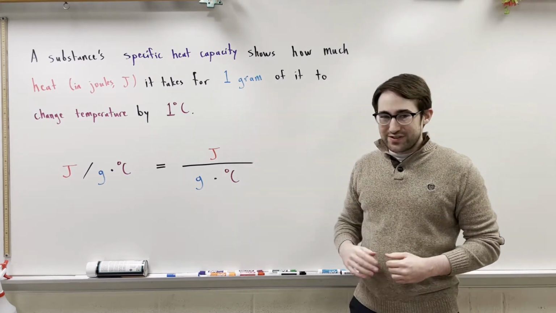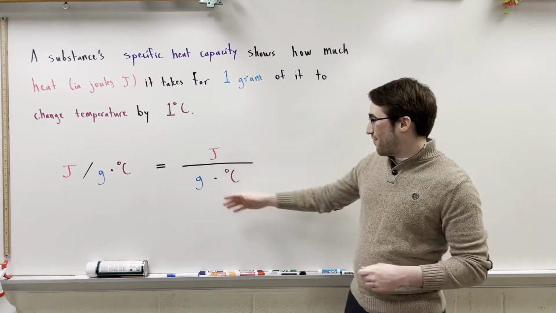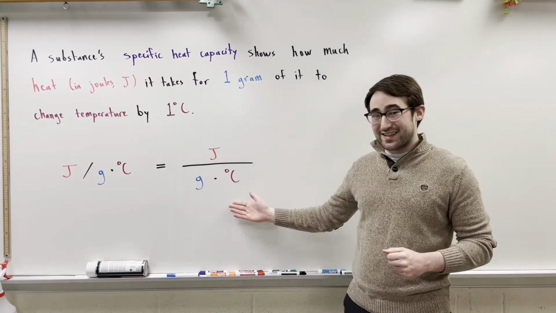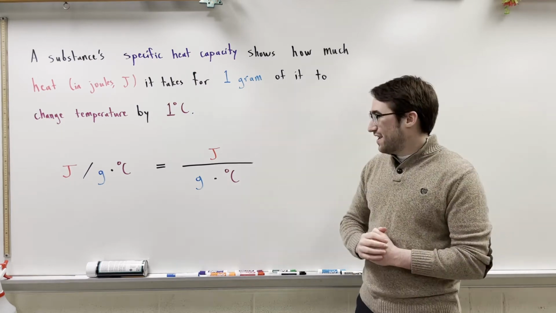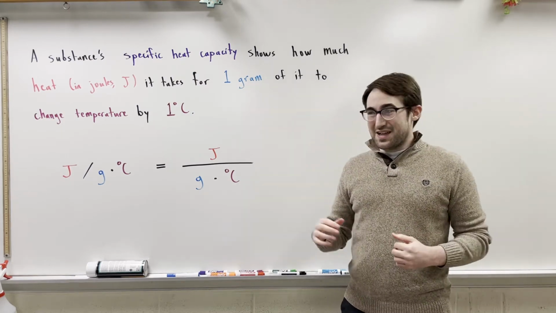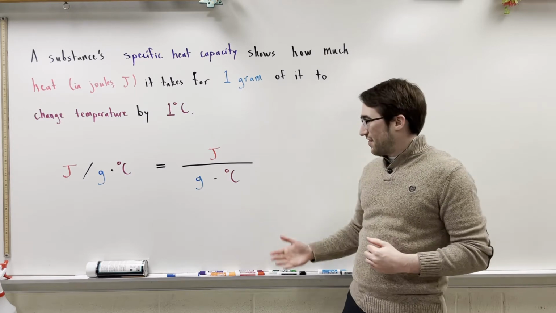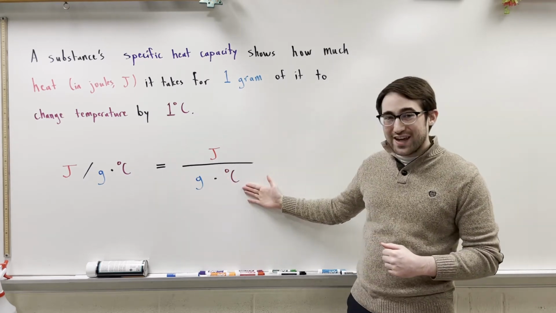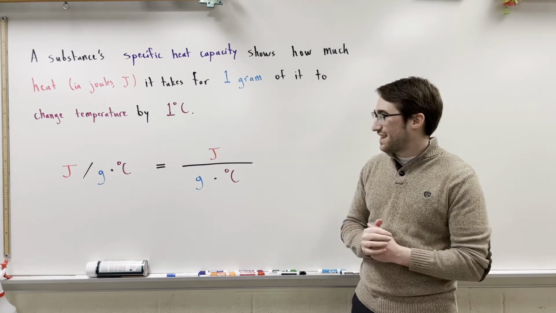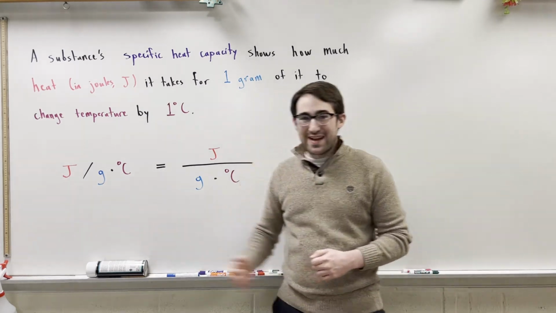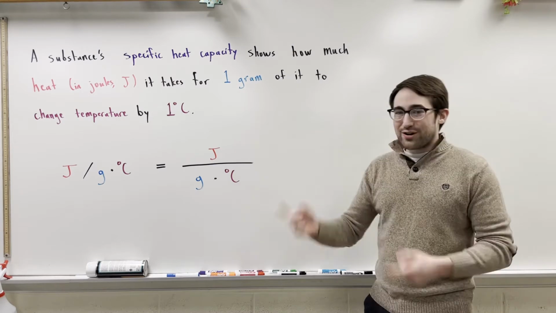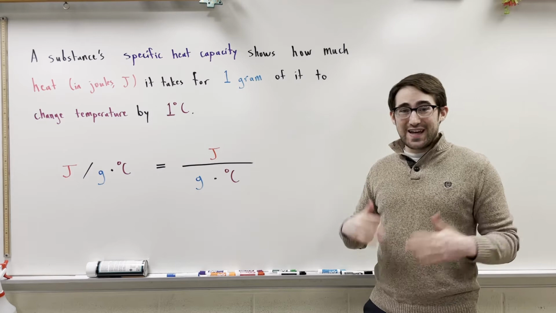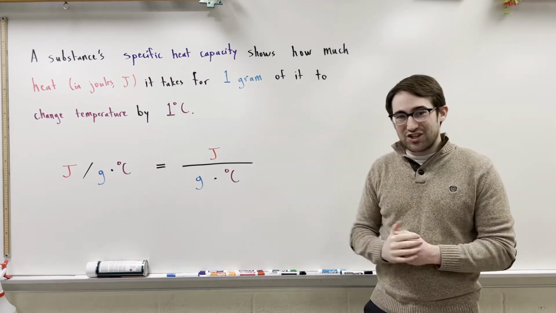How many joules of heat are we using, or how many grams of mass are there of that substance, or how many degrees Celsius is our substance actually changing by. So we need variables. We need letters to represent things like heat or mass or our change in temperature, and even our specific heat capacity as a whole. So we're going to replace some of these with their variables and what letters we tend to use for things like heat and mass and change in temperature.